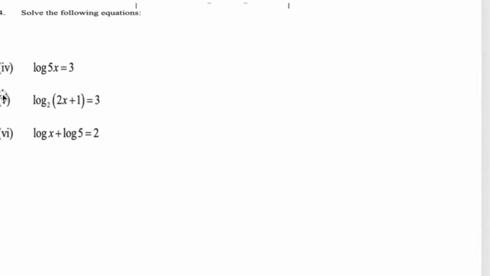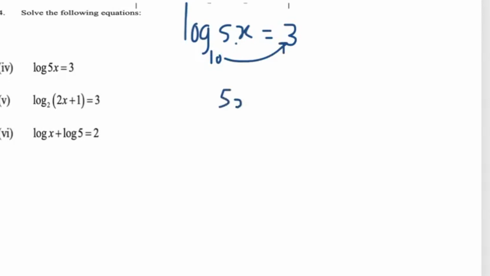Now, the next question I have is log 5x equal 3. Because this is in log form, we need to get it in exponential form. So don't forget there is a base. The base is 10. So writing it in exponential form, this is going to be 10 cubed equal 5x, or we can say 5x equal 10 to the 3.